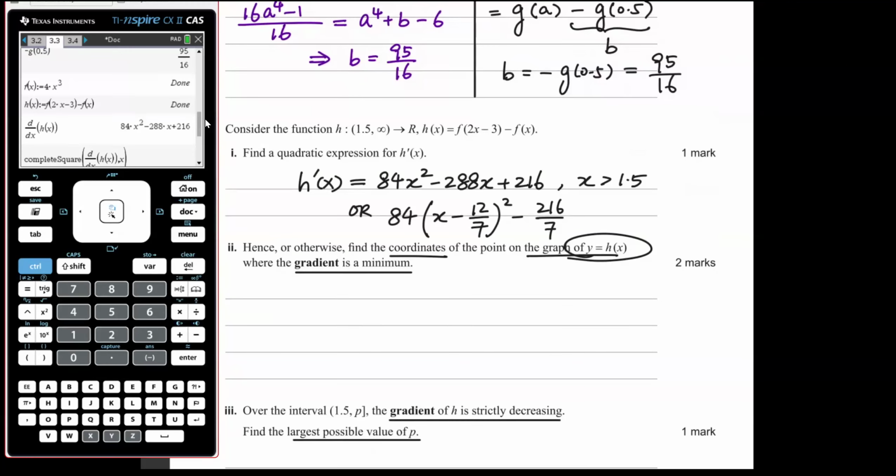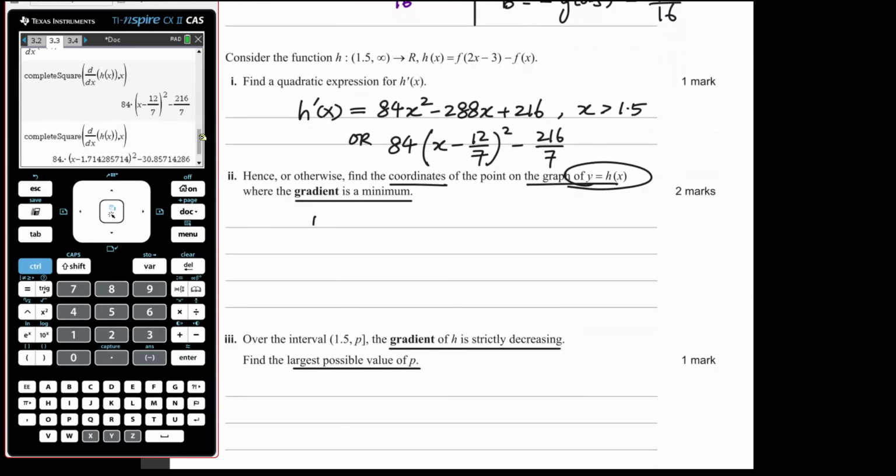And when x equals 12/7, h double dash x equals 0 for your minimum gradient.